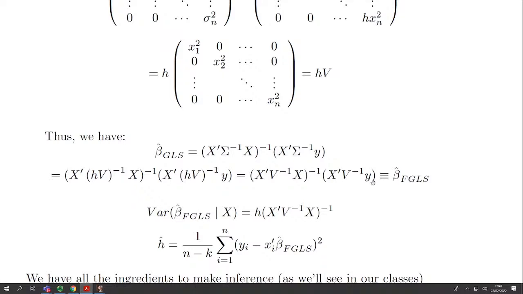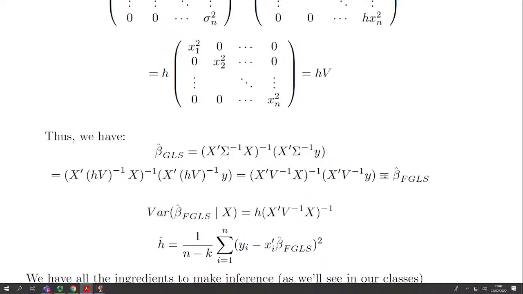So I end up with this expression, which I call feasible GLS, because if I am good in programming and I have my data in the big X matrix and the big V matrix, I can compute it. I have a number.